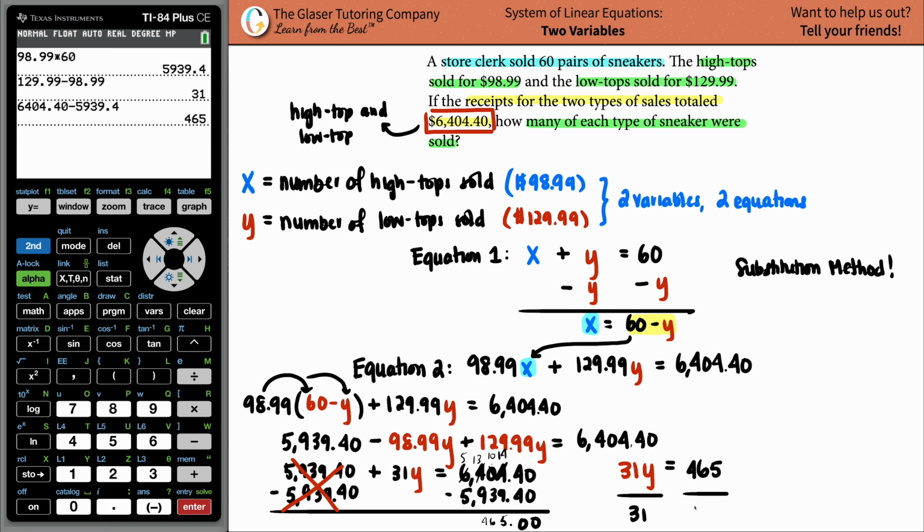31 on both sides divided by y. Keep in mind that y was the number of low tops. So 465 divided by 31. Nice. And it's a whole number, which I love, because you can't have 15.6 low tops. So we know that they purchased 15 low tops. That's outrageous.